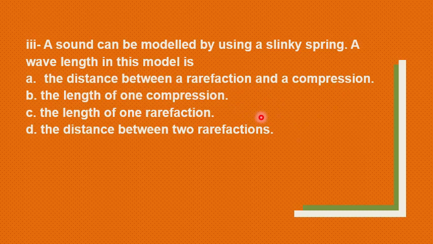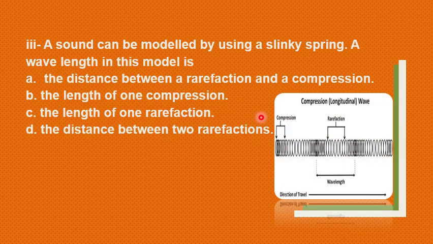So for this we can recall a figure. You can see that it's a compressional wave, a longitudinal wave that we have studied in the spring. Here compression means the part of the wave which has particles closer together, and rarefaction is where the particles are spread out, not closer together. Now what is wavelength?